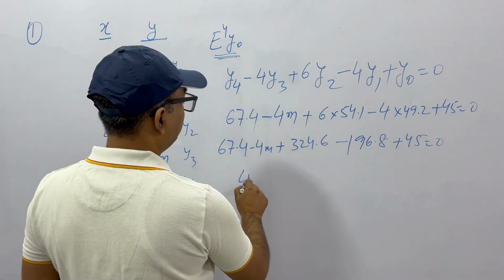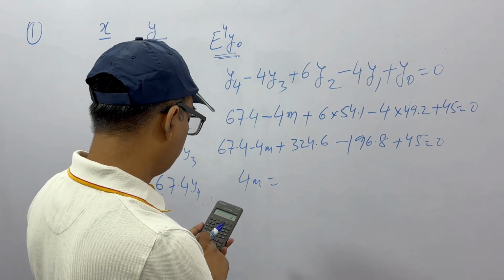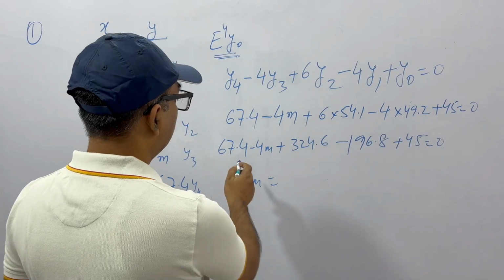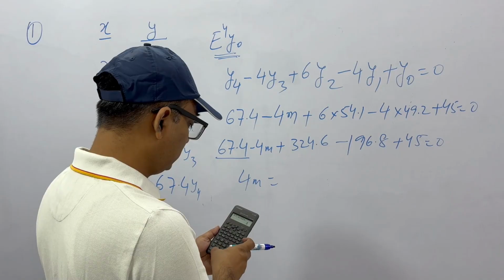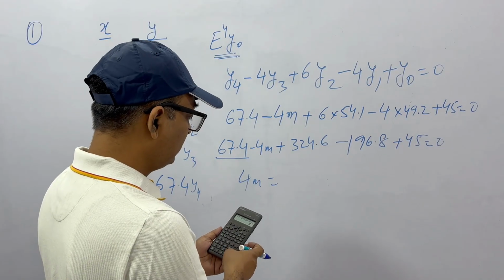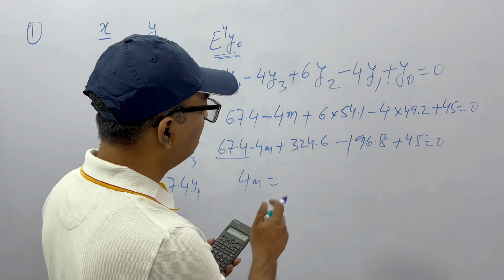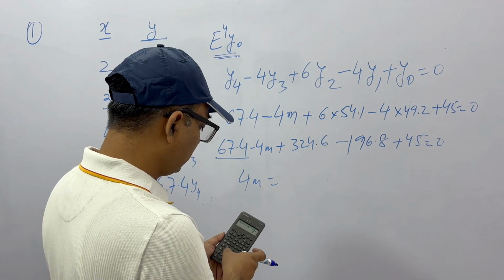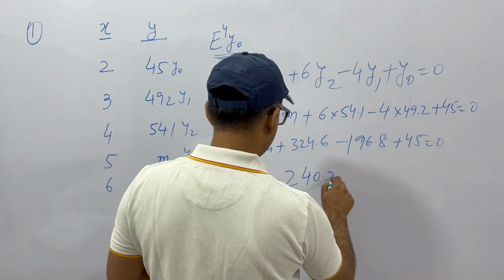So let's take 4m to this side, and this side we have 67.4 plus 324.6 minus 196.8 plus 45. So this comes to 240.2.